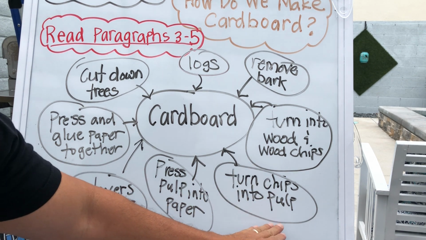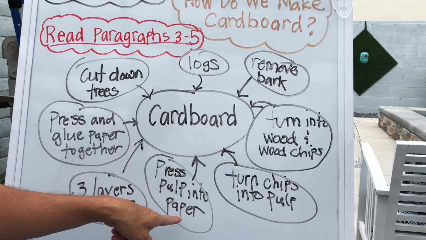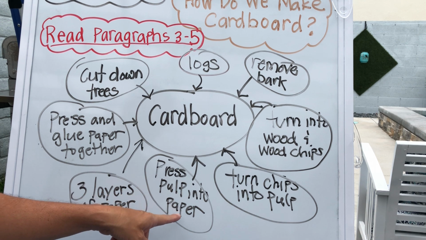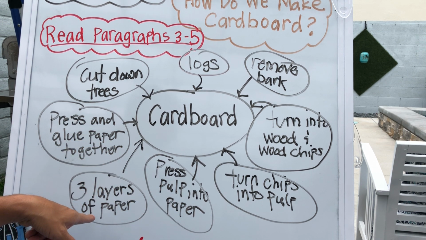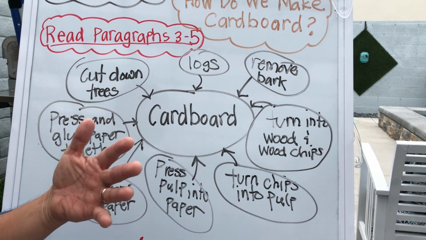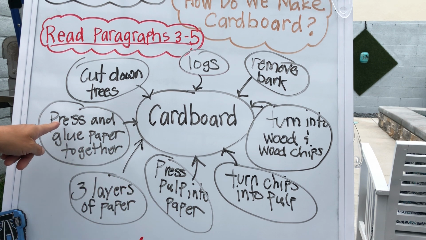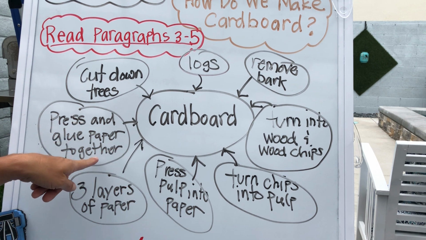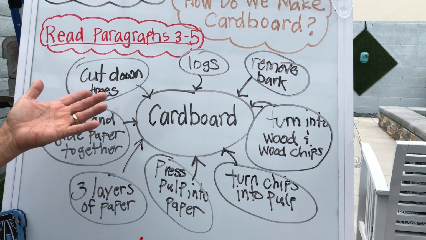Then they take this pulp and they press them together into sheets of paper. Okay? Then after they do that, they need to do that 3 more times. You need 3 layers of paper to make cardboard. Okay? And we read that they get the 3 layers and they fold them and they glue them and they press them together. So it says they press and glue paper together. Okay. And that's pretty much how cardboard is made.